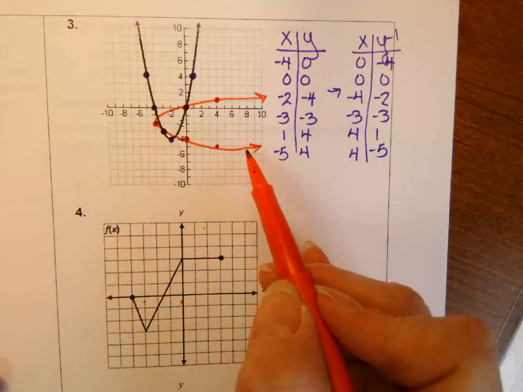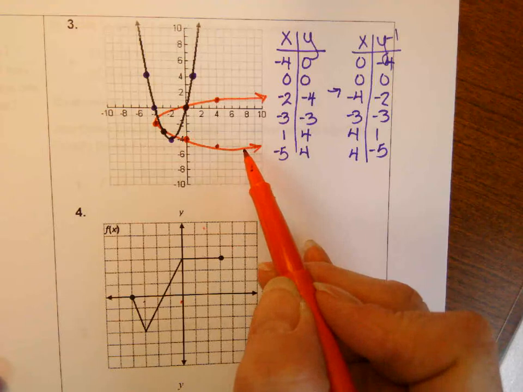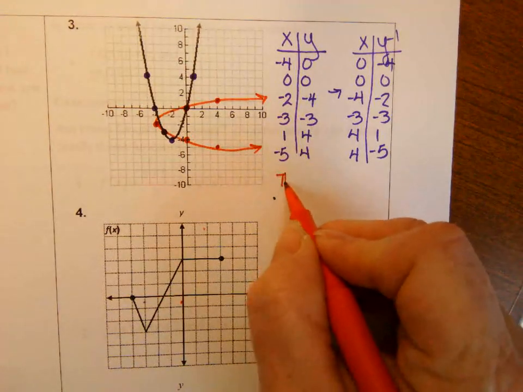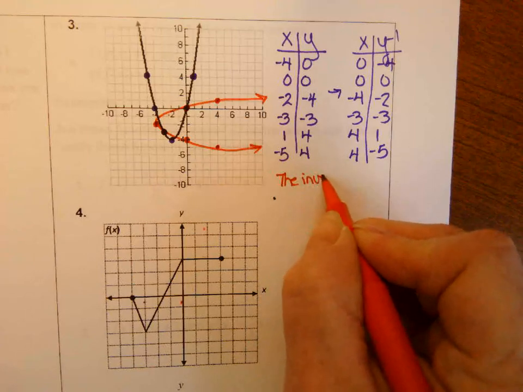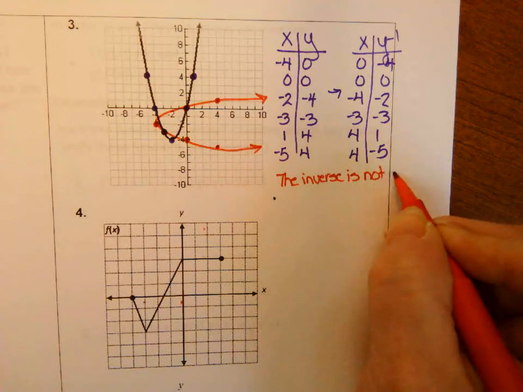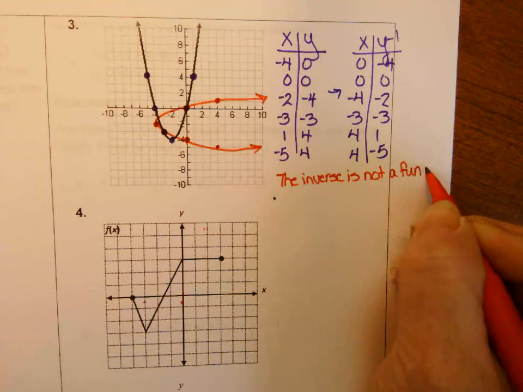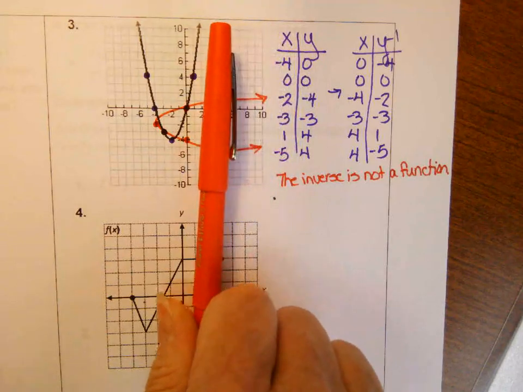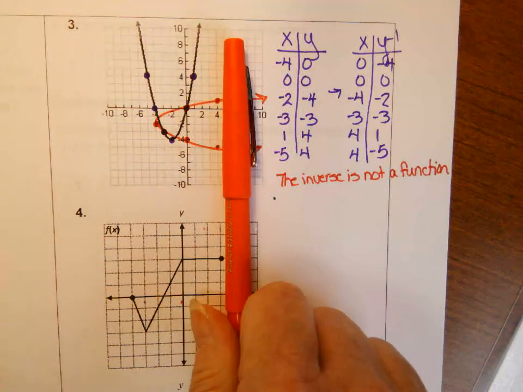Is this inverse a function? No. The inverse is not a function. Right? My inverse does not pass the vertical line test. Right there, I'm going through 2 dots on a vertical line.